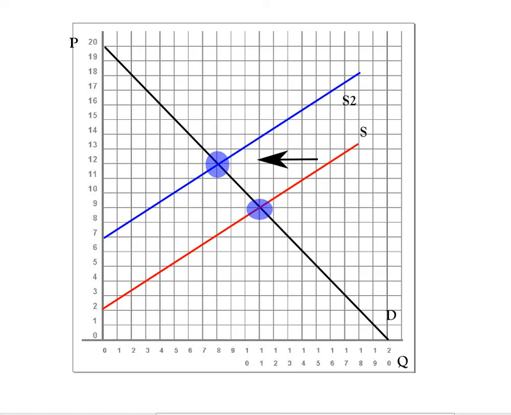We're having to pay the farmers, say farm hands, more to work for us. So that's decreasing the supply. We're willing to farm less wheat as owners of the farm because we have to pay farm hands more. That's going to decrease the supply.